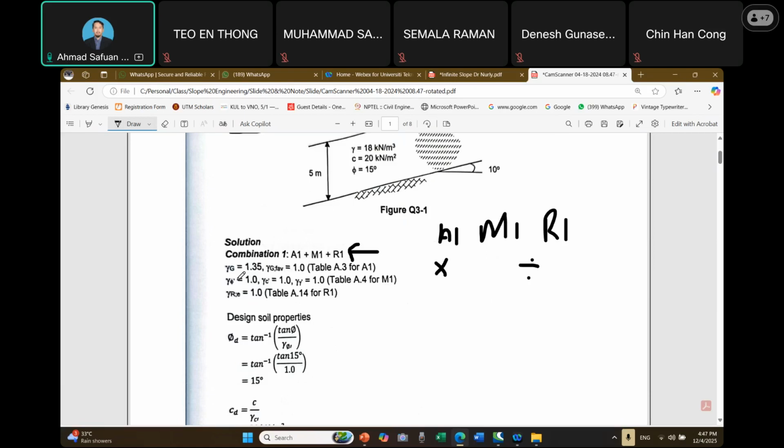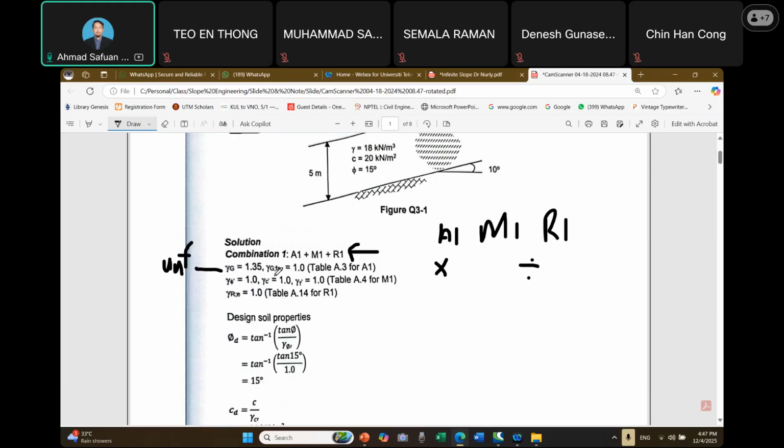For combination one, under the actions, this is considered permanent unfavorable, while this is permanent favorable, because in a slope we have driving and also resistance.